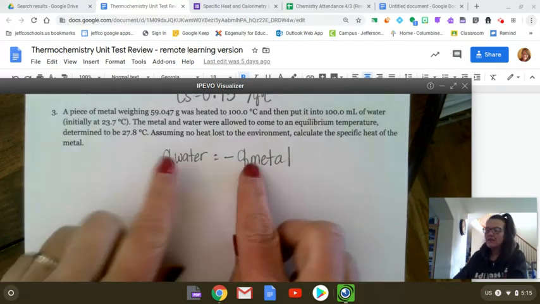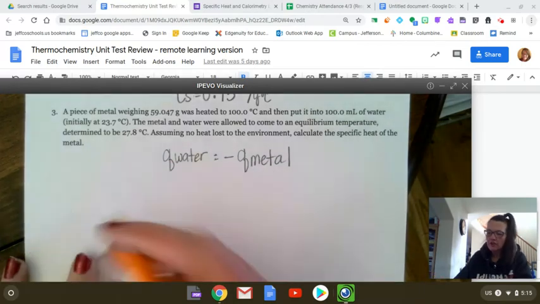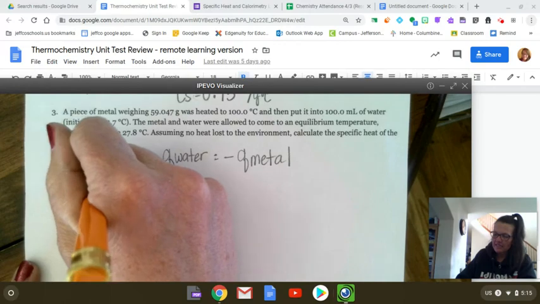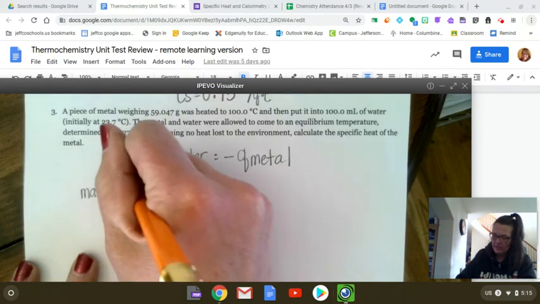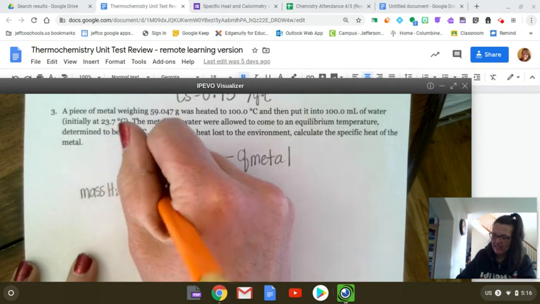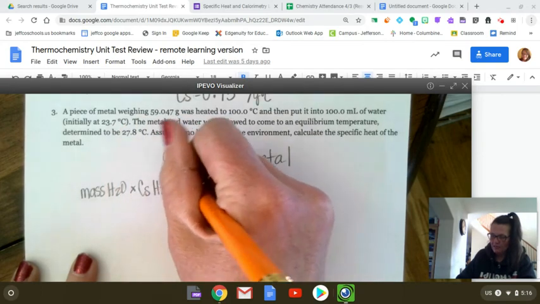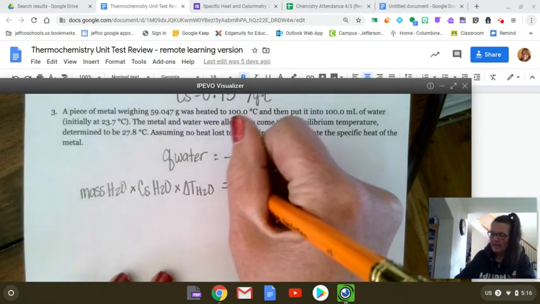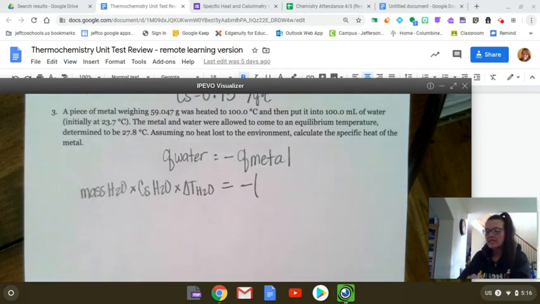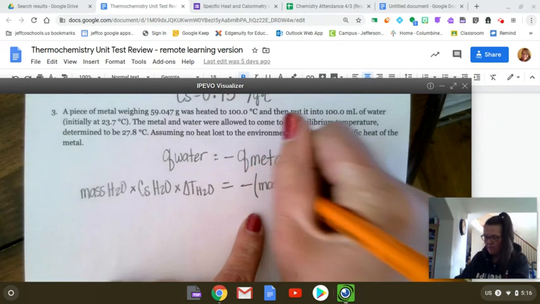So if we take this equation and then plug in what we know about Q, we get a giant equation that says that the mass of water times the specific heat of water times the change in temperature of water is equal to, and again, that negative is really important, the negative mass of the metal, right?